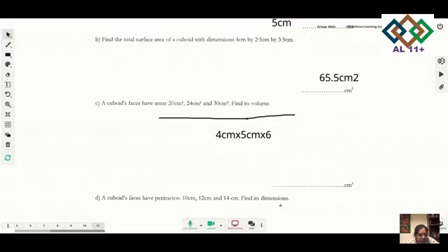Find its dimensions. Again, to find the dimensions, you simplify them, an easy way. And then you will have 2 by 3 by 4.